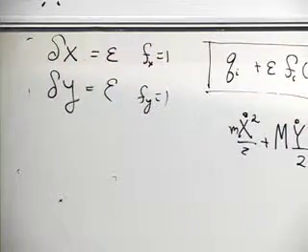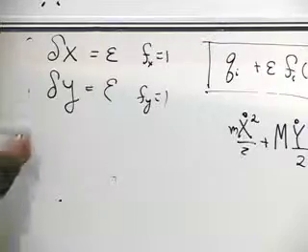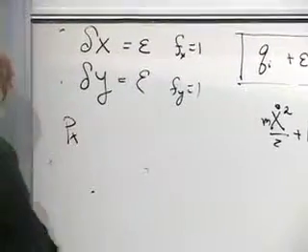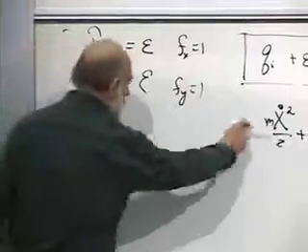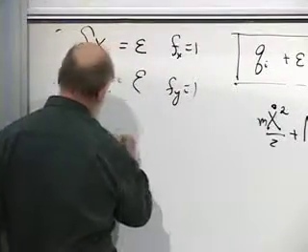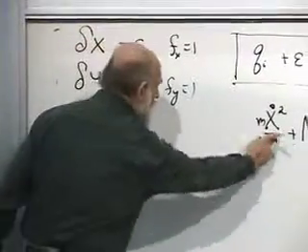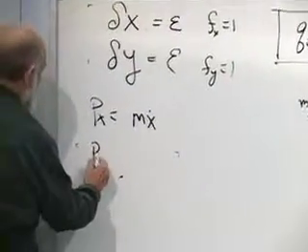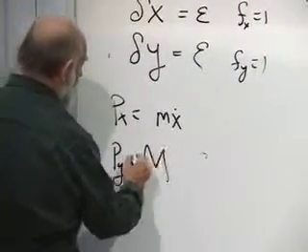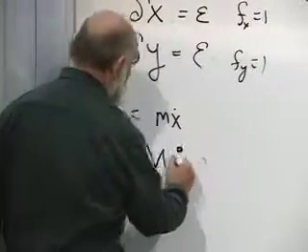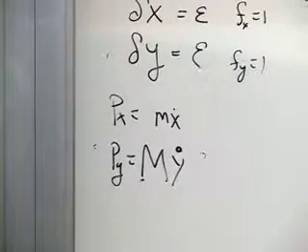All right. What about the canonical momentum? The canonical momentum conjugate to x, that's m x dot. The canonical momentum conjugate to y, that's p_y, is capital M y dot. What's the conserved quantity?